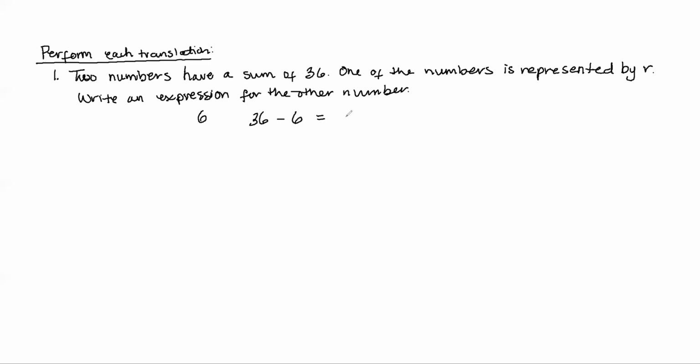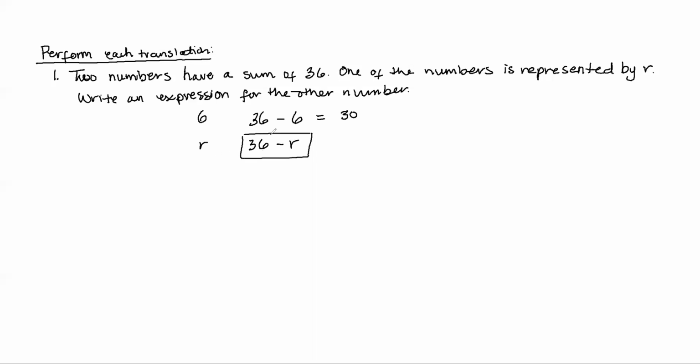And so the other number would be 30 in this case. And so instead of knowing that the number is 6, we know that one of the numbers is r. And so we can go ahead and do the same thing, except this time we're taking 36 and subtracting r. And so we won't know what the other number actually is because we don't know what r is, but this is our expression here for the other number.